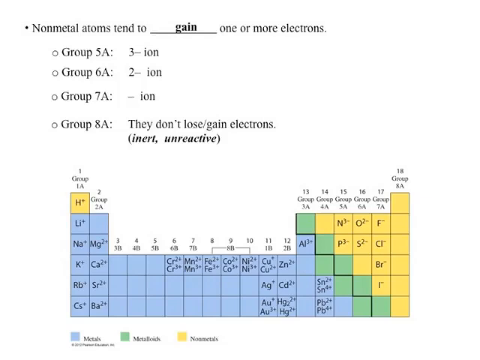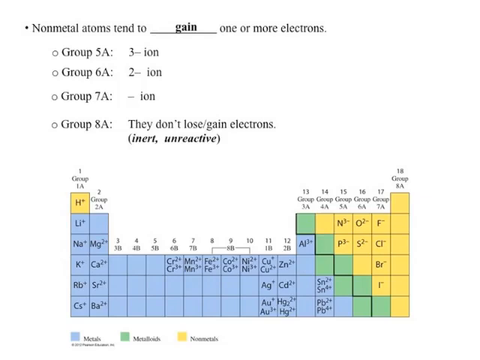Group 6A gains 2 electrons: 6 plus 2, 8. Group 7A gains 1 electron: 7 plus 1 is equal to 8. So 8 is more or less a magic number, and that's how you can remember how many electrons are gained by non-metal atoms.